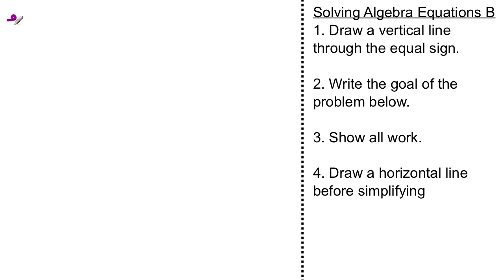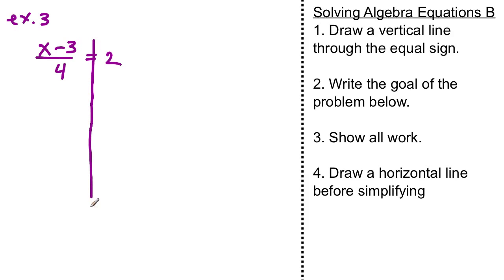Okay. Here we're going to look at example 3. This one is x minus 3 over 4 is equal to 2. So we'll put our vertical line. We'll write out our goal that x is equal to some number.